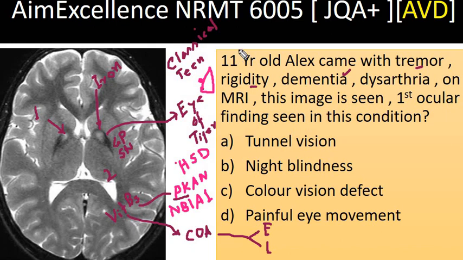What is the importance of this 11 years here? In the classical type, generally the disease happens by 10 years, and by the late teens the child dies.